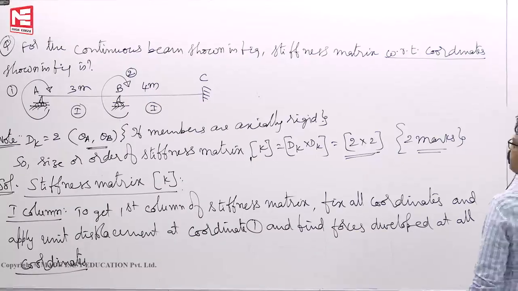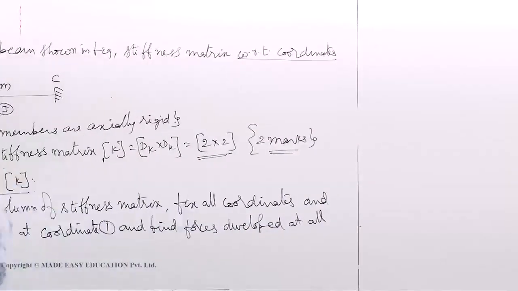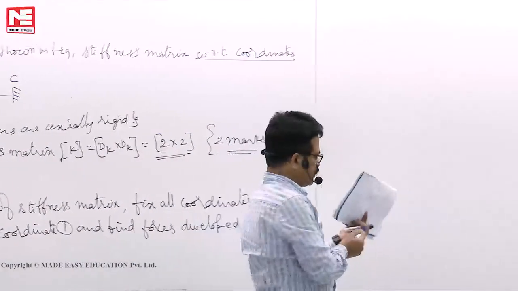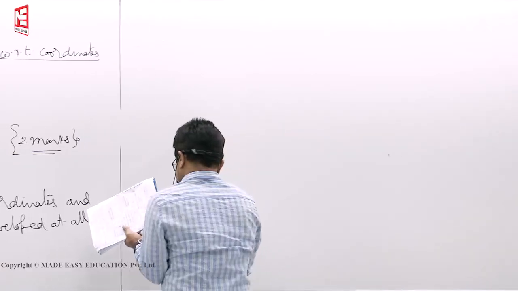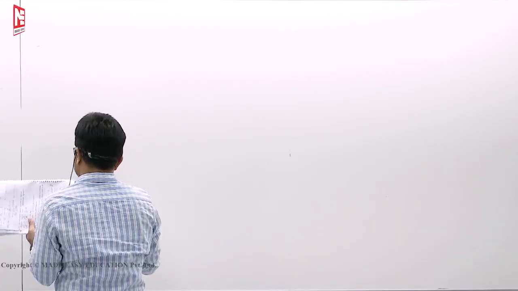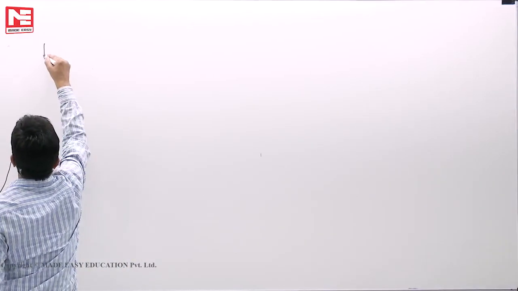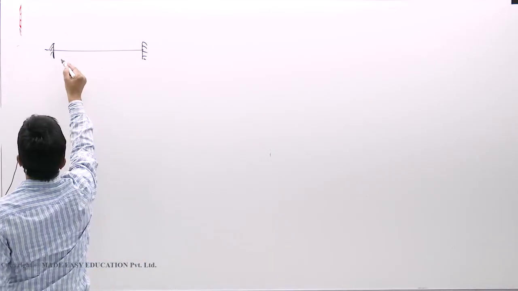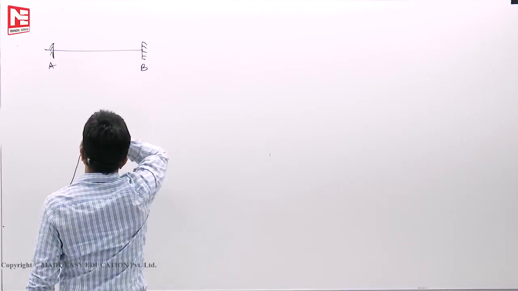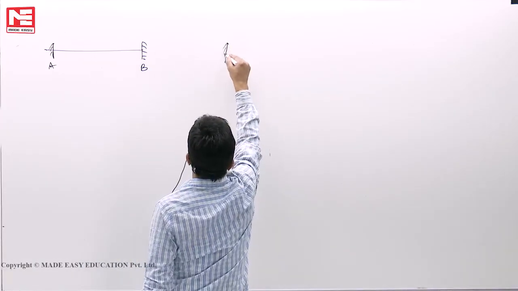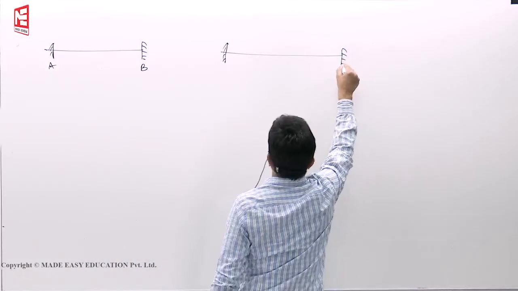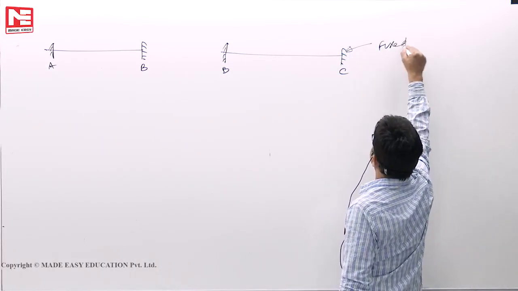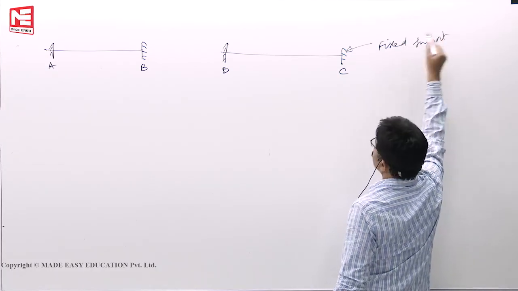Now let us see how the first column looks. Fix all coordinates means A and B are not fixed ones, but still we have to fix them. That is a symbolic representation of fixing all coordinates. That means this point, let us say A, B. Next, B, C. C is a fixed support. This is a fixed support, but this is not a fixed support.